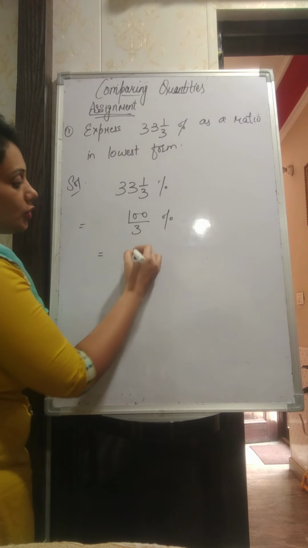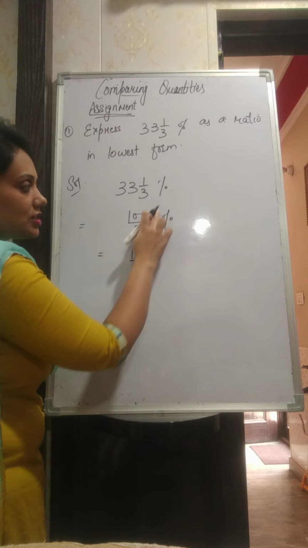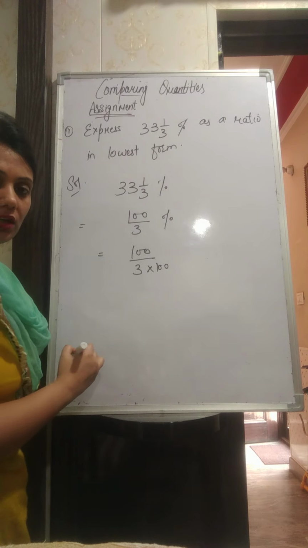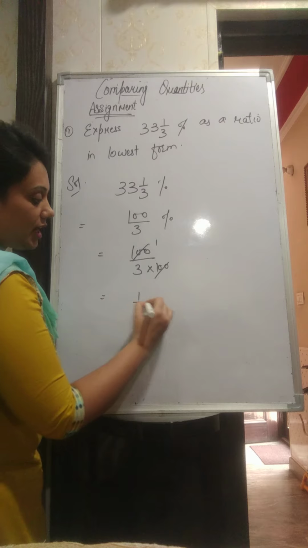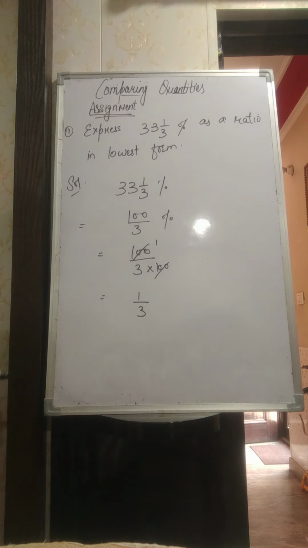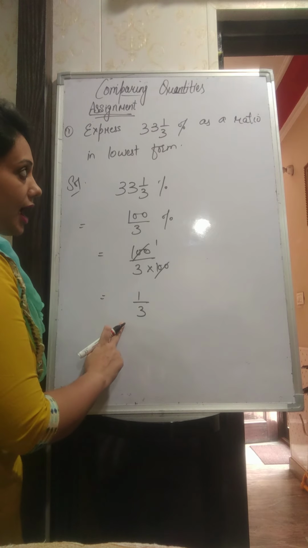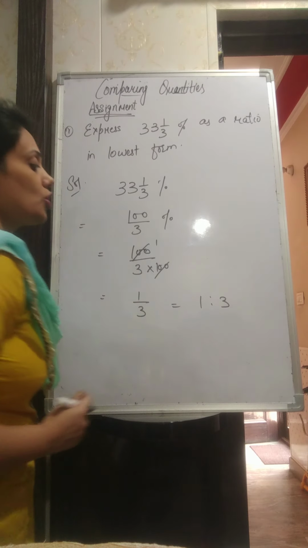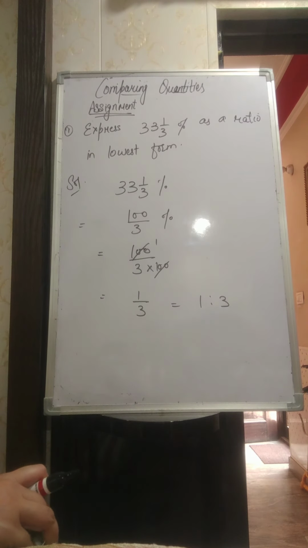For that, what we will do? We know whenever we have to remove this percentage sign, we put 100 in the denominator. Now, 100 gets cancelled with 100. So, we are left with 1 by 3. Now, this 1 by 3 is the lowest form and we have to express it in the form of a ratio. So, the answer is 1:3.